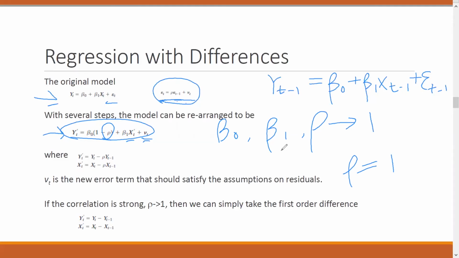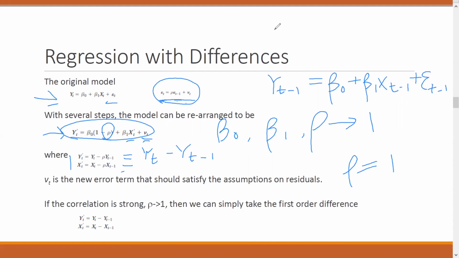If rho is equal to 1, then when you look at y prime t and x prime t, y prime t turns out to be just yt minus yt minus 1. So basically, I'm just taking the first order difference of yt. I'm using the current pair value minus the previous pair value for every pair. I've got y prime t.